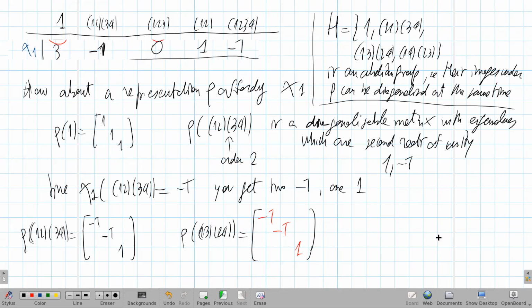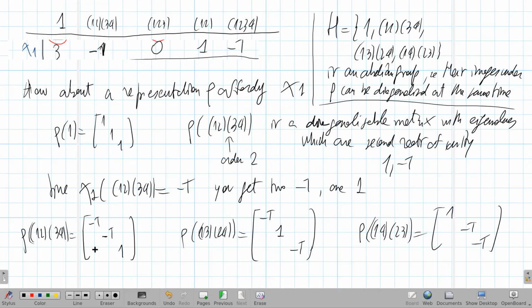Because otherwise, the third element goes to the identity, and you get a 3 here, which is not right. So you don't know exactly where the ones are, but what's important is that they cannot be in the same place. And then if you check, this goes pretty well, because if you multiply, you find exactly that you get the two minus 1s in the third possible position.